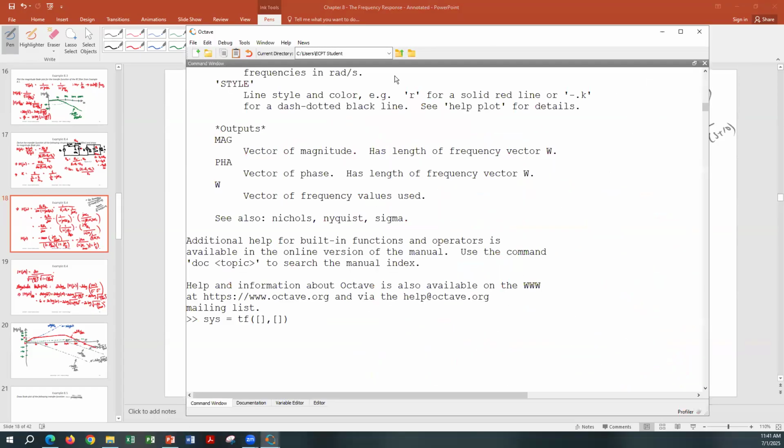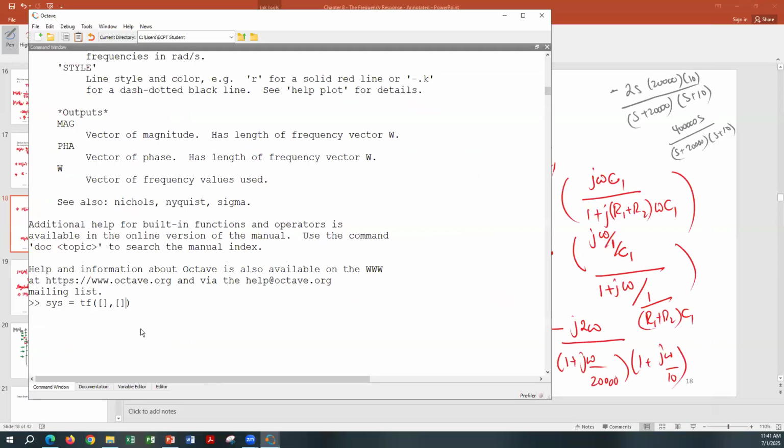So let's see. I don't remember exactly. I'm assuming this is how it's going to take it, but let's try.